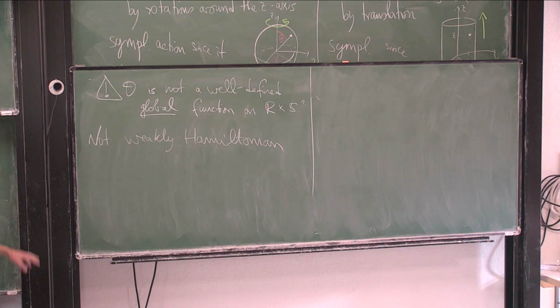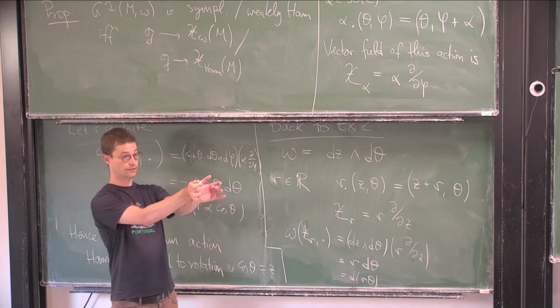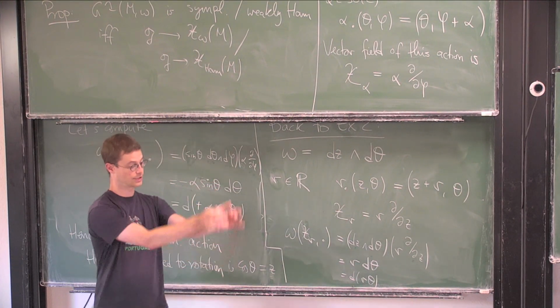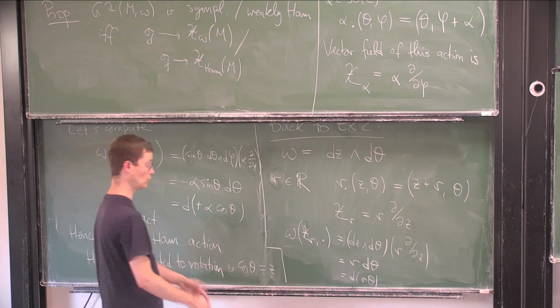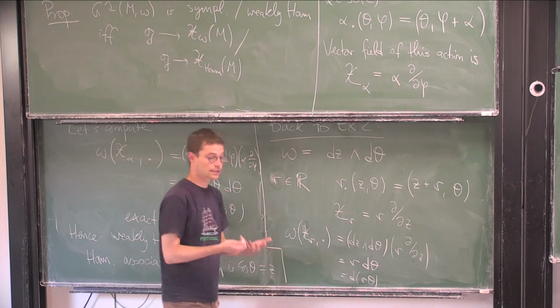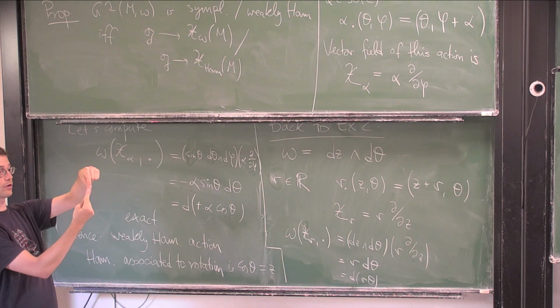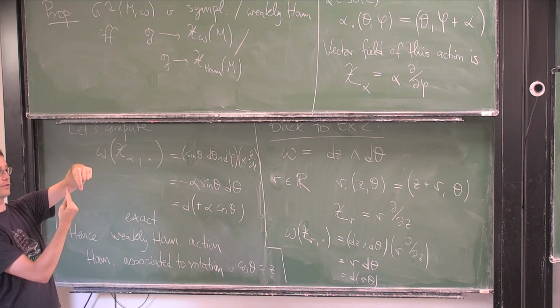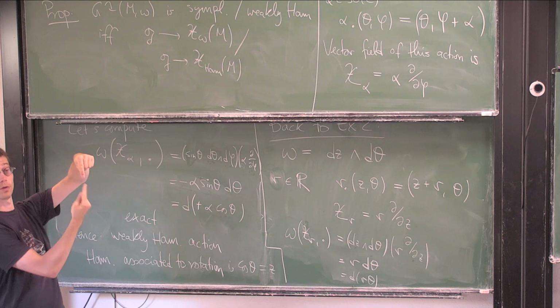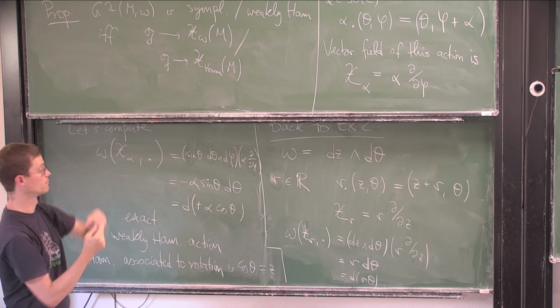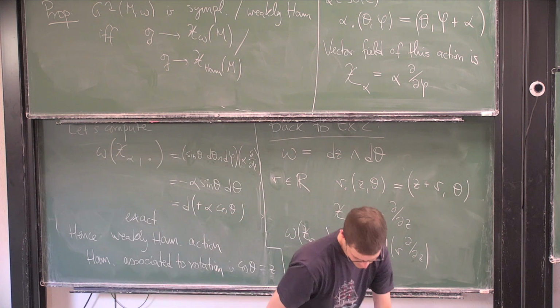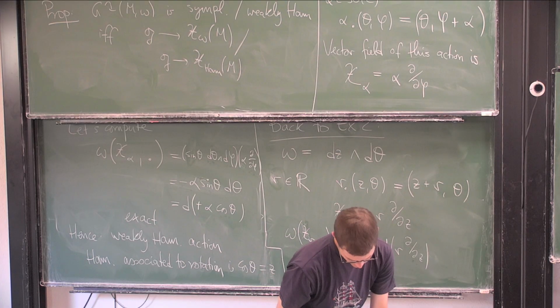What this computation gives is, if you want to generate this kind of shift in the z direction of a cylinder, you should take as Hamiltonian theta. But theta, again, is not a well-defined coordinate. You start somewhere, you say here theta is 0, and you go around, and then you would say, well, actually theta is also 2 pi. But 0 is not 2 pi.